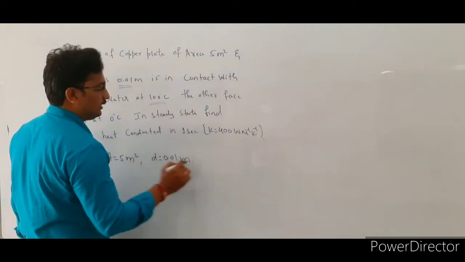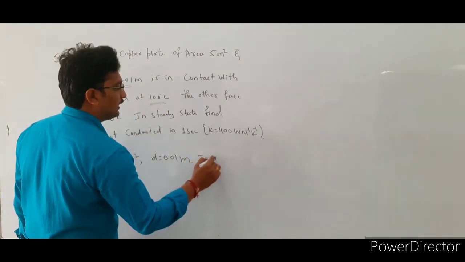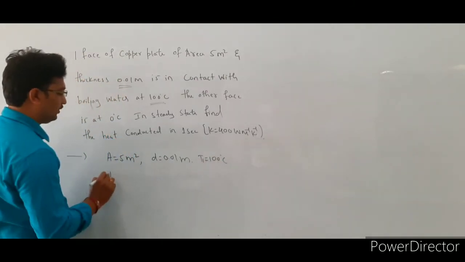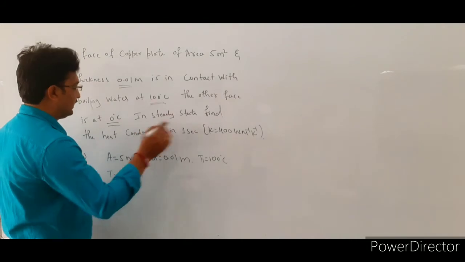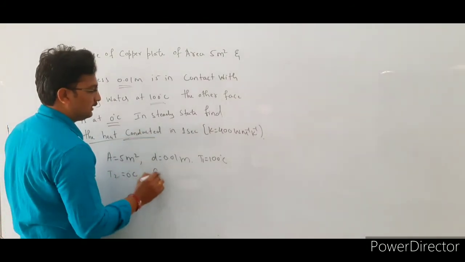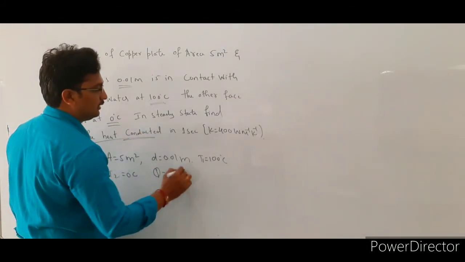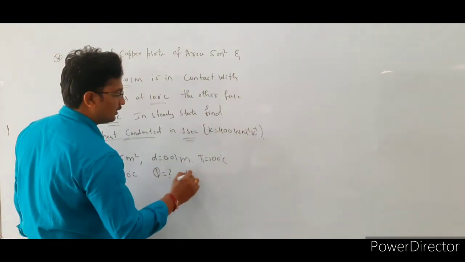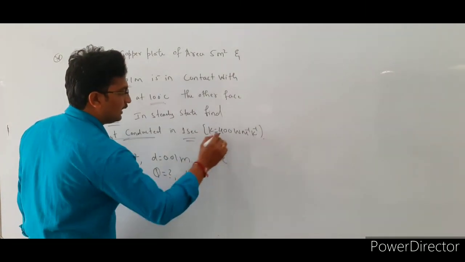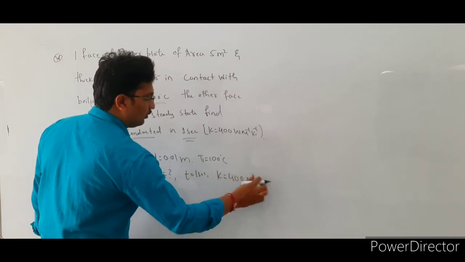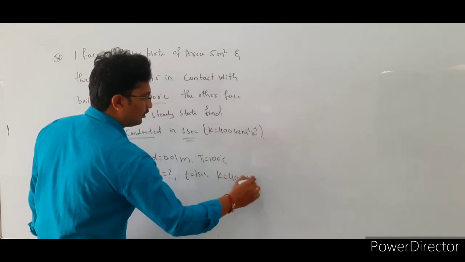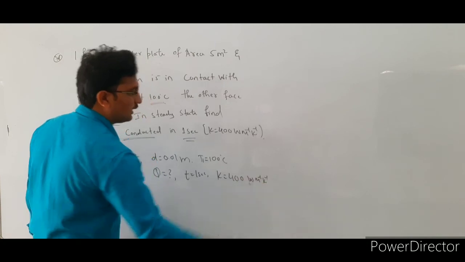The temperatures are T1 equal to 100 degrees Celsius and T2 equal to 0 degrees Celsius. We need to find the heat conducted, Q equal to question mark. Time T is equal to 1 second, and K, the coefficient of thermal conductivity, is 400 watt per meter per Kelvin.